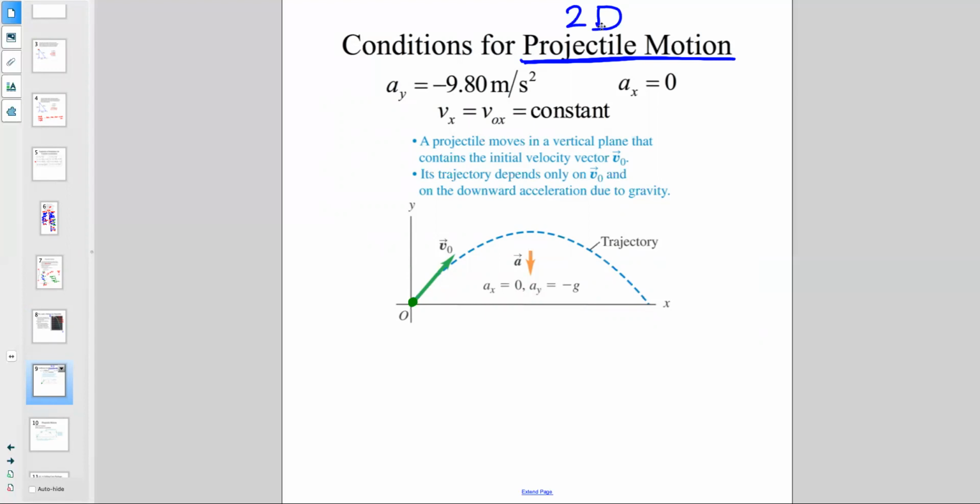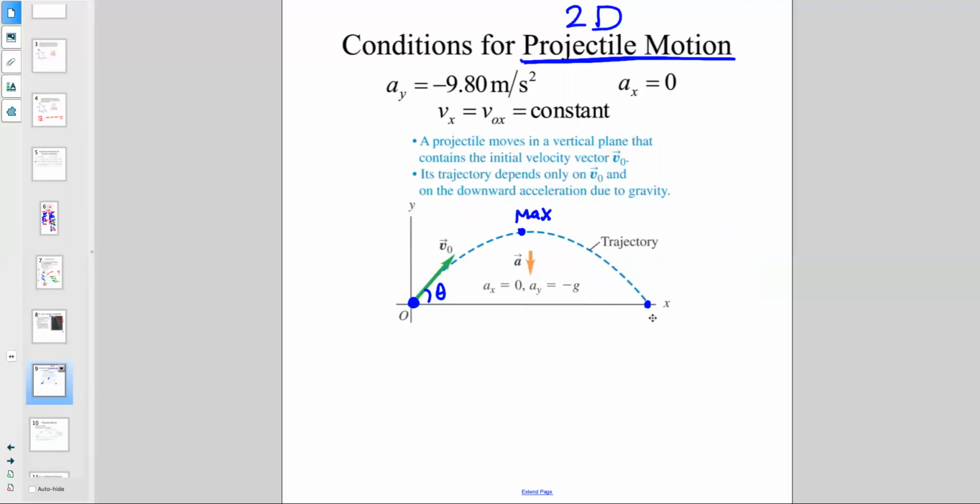Conditions for two-dimensional motions. So we have a box or an object at this point with an initial velocity above the ground, with an angle of theta, with an initial velocity of v0, going all the way to the maximum point, and then falling back down to this point.